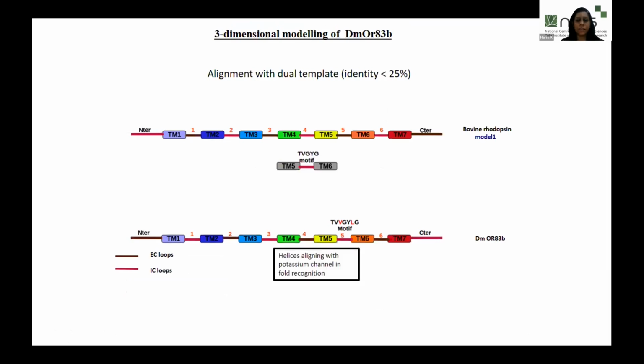For the other helices, that is TM4, 5, and 6, we found that the sequence identity was higher with potassium channel. We also know from other studies that this receptor by itself can function as a channel at the membrane. So here we did a multiple template modeling, wherein we used 3 different templates to get the structure of the insect olfactory receptor, about which Vikas will be discussing further.